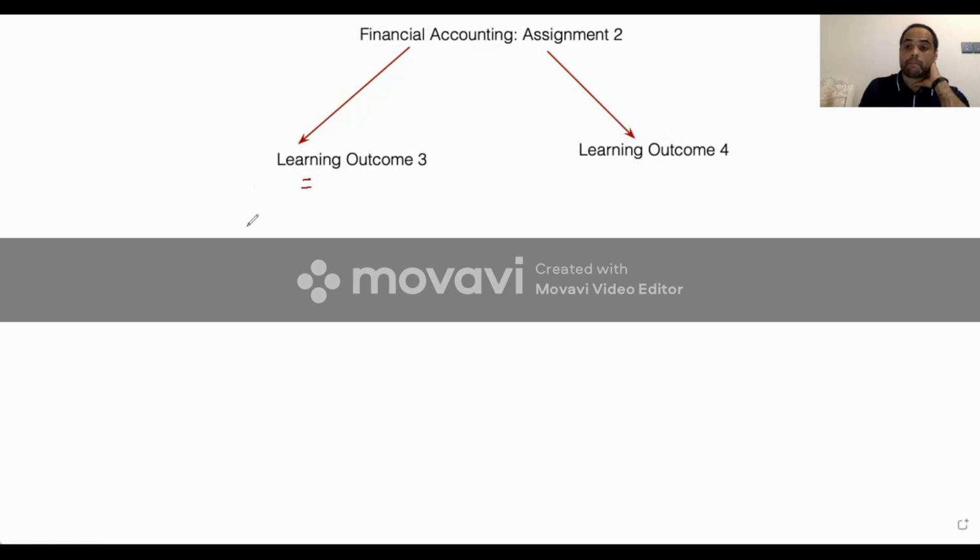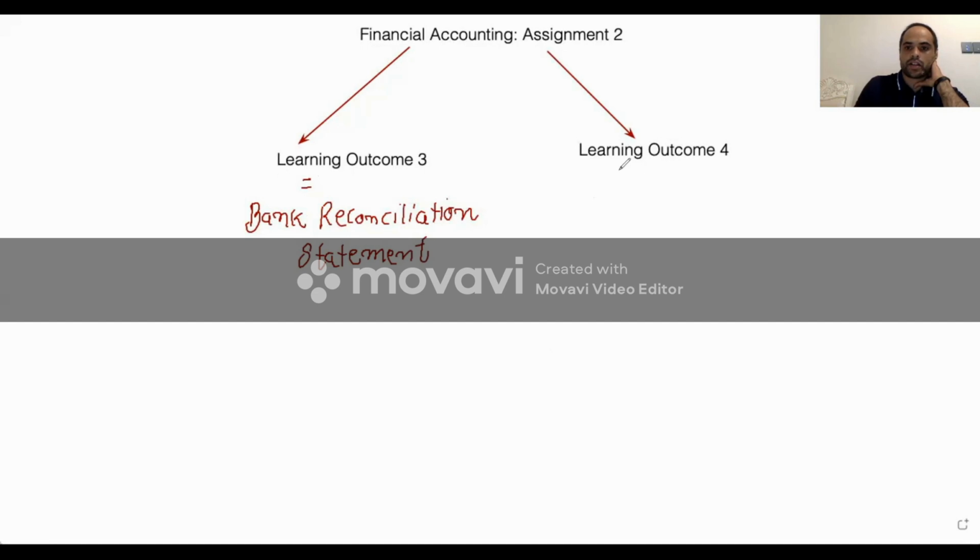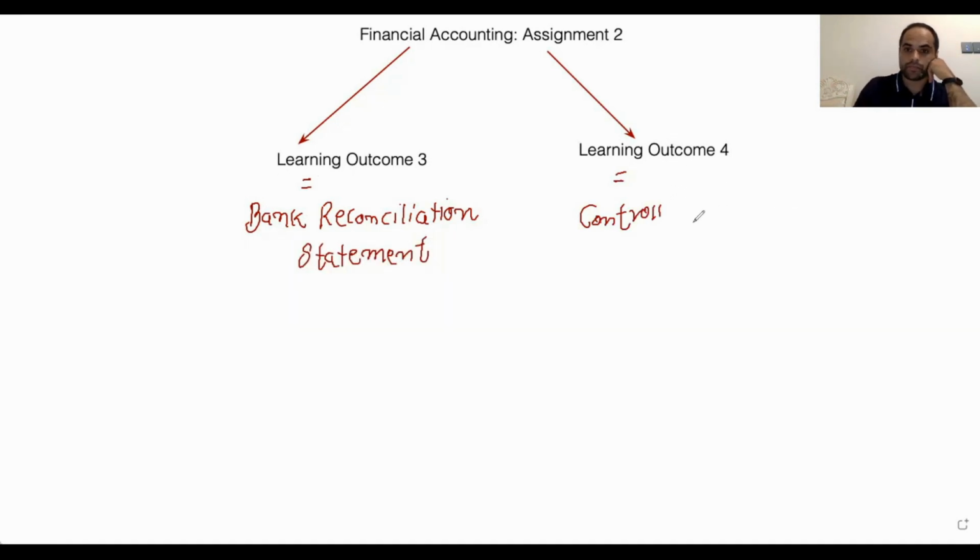BRS stands for Bank Reconciliation Statement. And learning outcome 4 is about control accounts, especially receivables or payables.